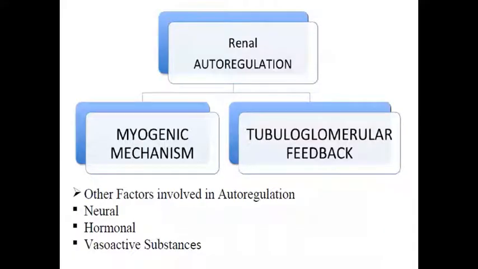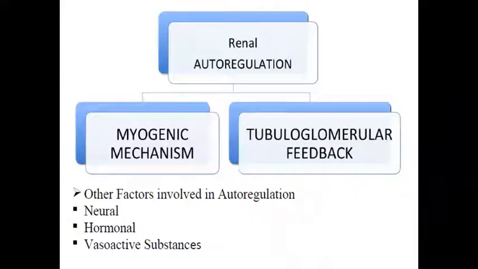There are two autoregulatory mechanisms that you need to know: the myogenic mechanism and the tubuloglomerular feedback mechanism. The myogenic mechanism is a characteristic of smooth muscle cells. Remember, the blood vessels have smooth muscle cells. When you stretch smooth muscle cells, they have a tendency to contract.